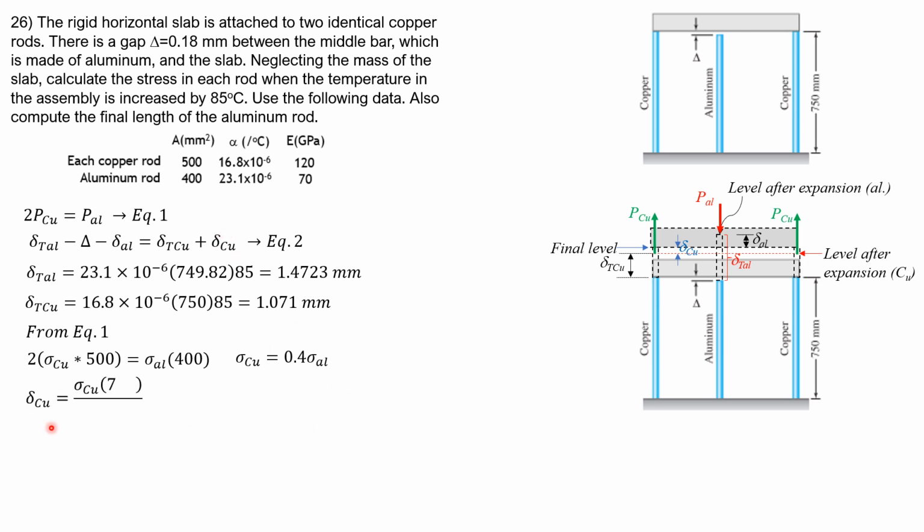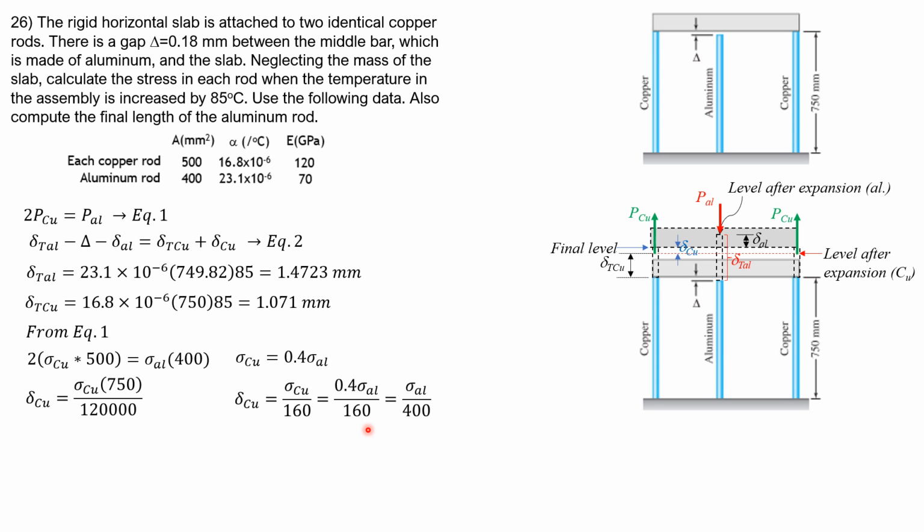Our deflection due to stress in copper is stress in copper times length in copper divided by modulus of elasticity, stress times length over E. So deflection due to stress in copper is stress in copper over 160 if simplified. Then equate it to 0.4 stress in aluminum over 160.